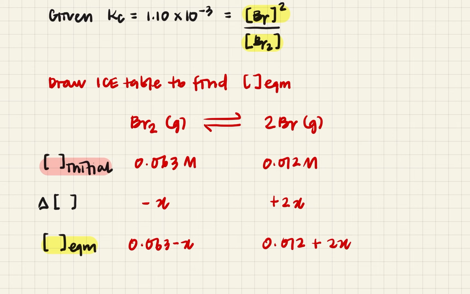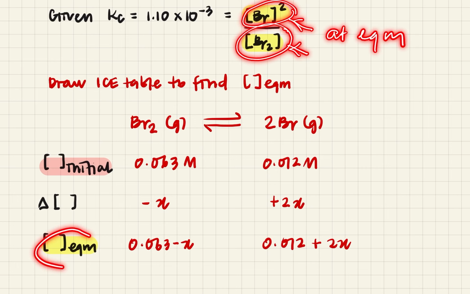Alright, so now that we have the concentration at equilibrium expression, we can actually find what x is, using Kc. Because these are the concentrations at equilibrium, it is actually this.